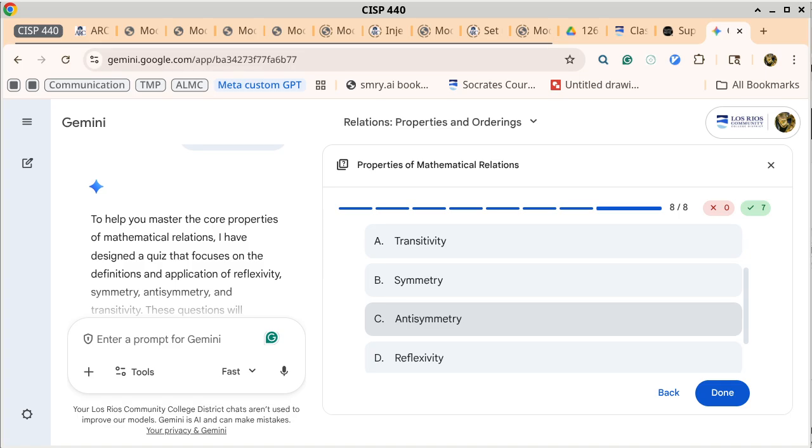Anti-symmetry is true as well, because if we consider that a self cannot be a sibling of the same person, then anti-symmetry actually works out. When we say somebody is a sibling of someone else, it cannot be the same person.